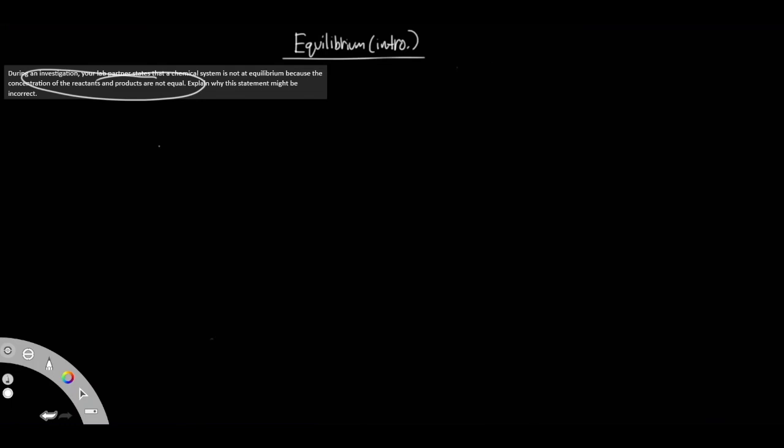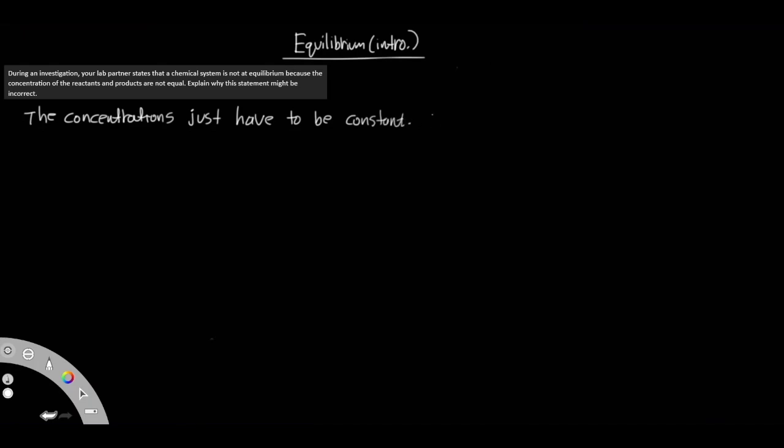They just have to be constant. So the rate of the forward reaction must equal the rate of the reverse. These must stand true. The concentration, however, does not have to be equal.